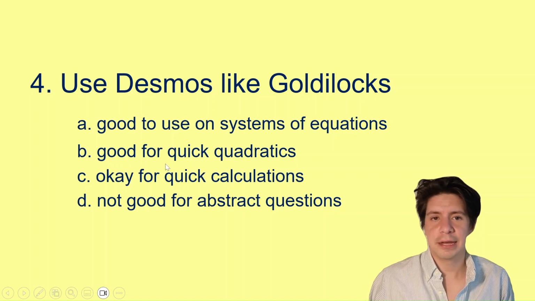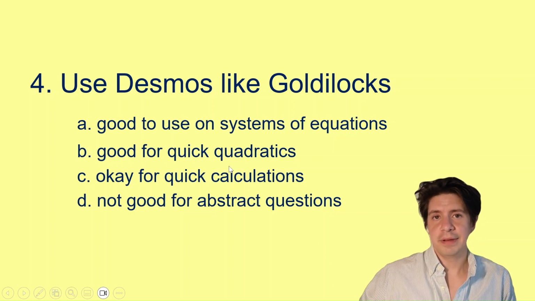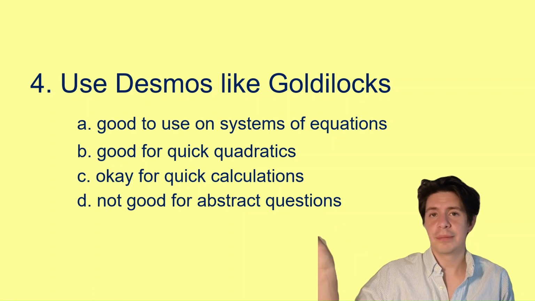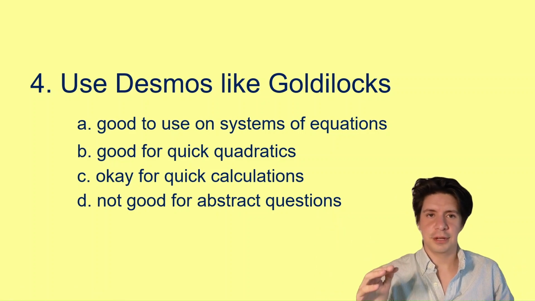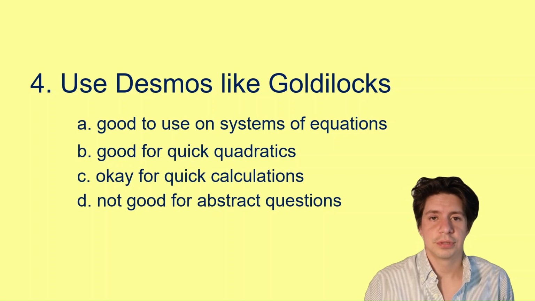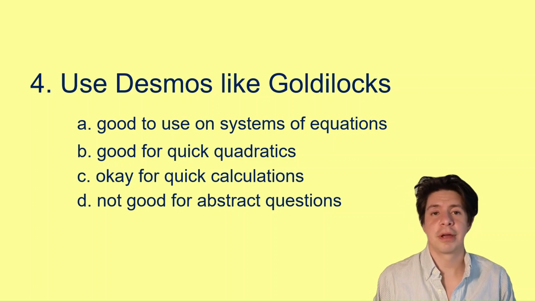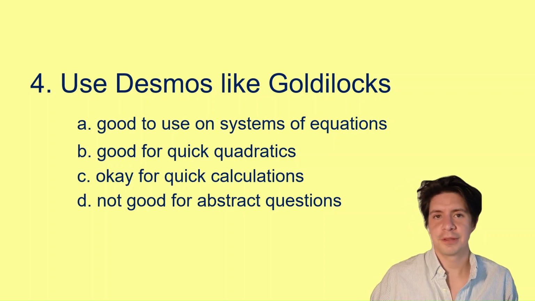So let's say you have something like the quadratic ax squared plus bx plus c, right? Instead of giving you numbers, they're giving you these variables and constants, and you don't really know what to plug in for Desmos. That's probably going to take more time figuring out what to do for Desmos. Some people are great at them, but I wouldn't worry about doing it for that.